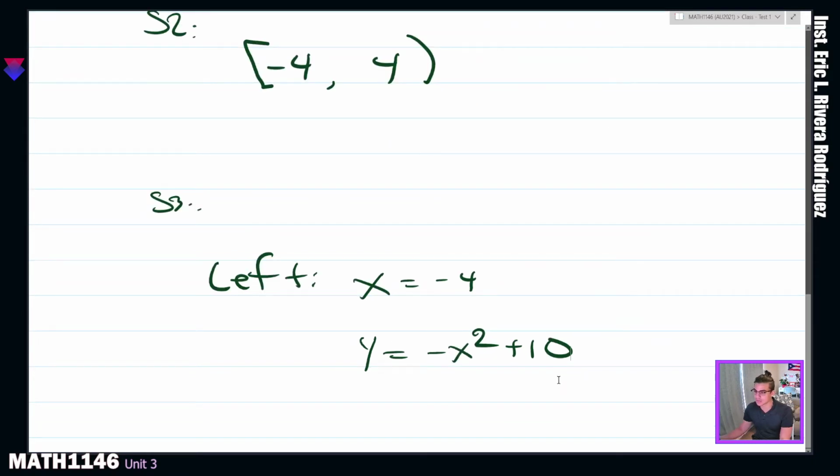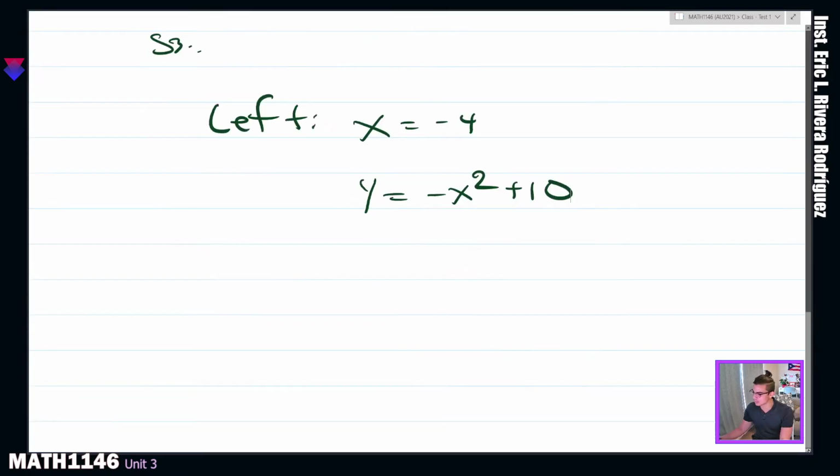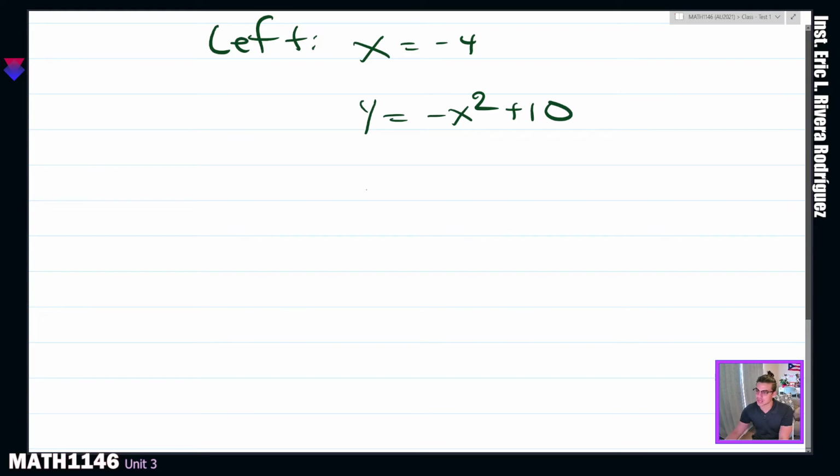So I'm going to ask you to evaluate the value for y with x equal -4. Tell me that on the chat, and then we are going to go over that to check, and we are going to stop here for a moment just to explain something that is going to be important for our class. So when you are ready, tell me the answer on the chat.